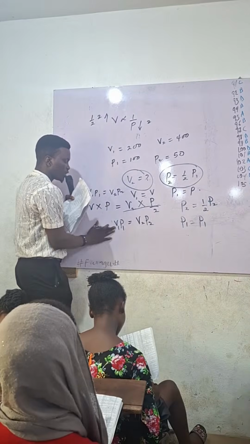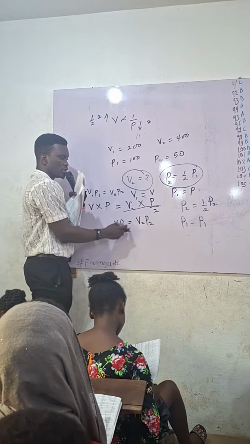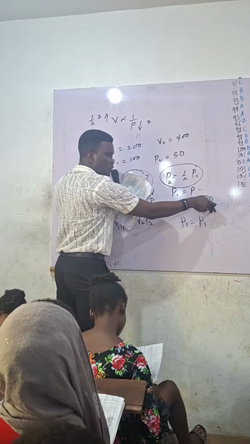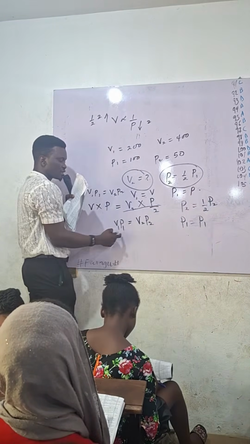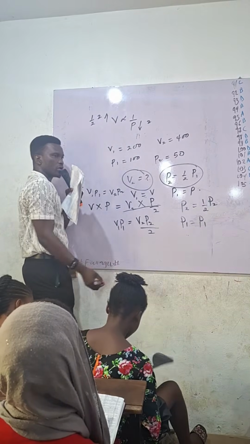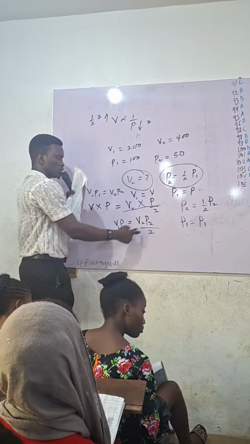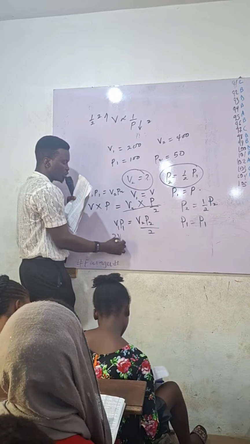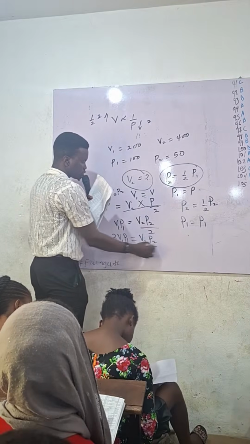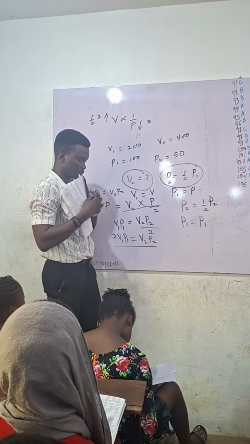So that means we can say P1 V1 is equal to P2 V2. But what happens to P2? You have reduced it by 2. So in that case, this is going to be P2 over 2. That's correct. So now we can say 2V1 P1 is equal to P2 V2. Let's move forward.